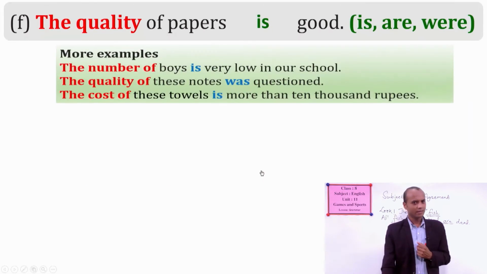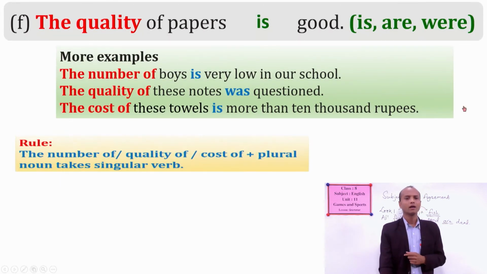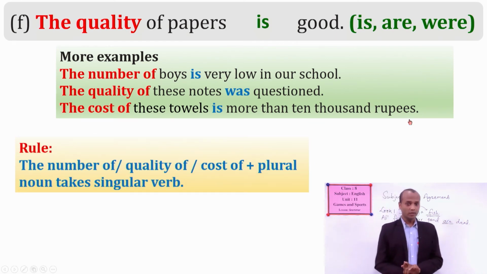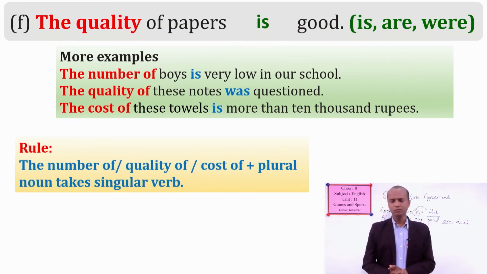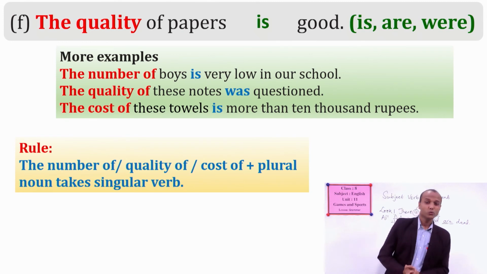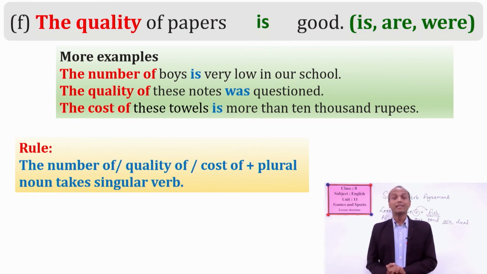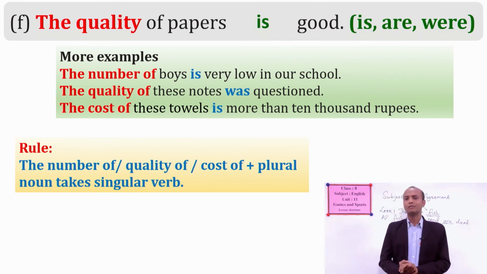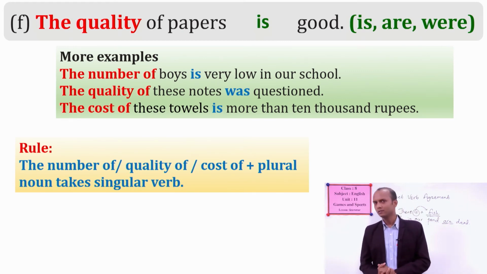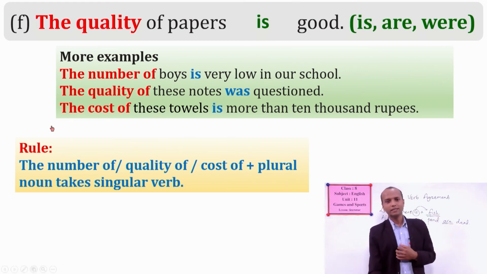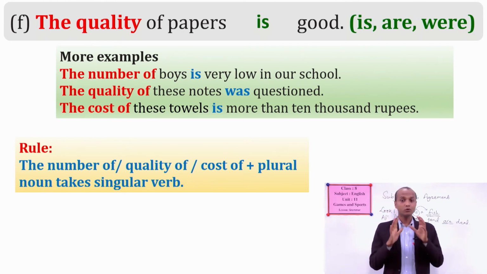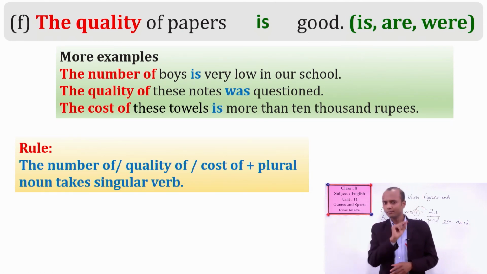So let's see other examples as well. You can read them. The number of boys is very low in our school. The quality of these notes was questioned. The cost of these towels is more than 10,000 rupees. Look at the quality, the number, the cost, they refer to one thing. That's why we have to use a singular verb there.